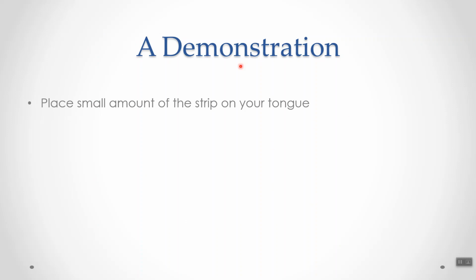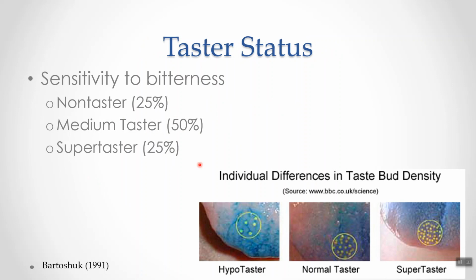Okay, so unfortunately, I was going to do a demonstration. I'll bring the strips to class, and maybe we can do a little mini demonstration for taste. Usually, I have people taste a strip, and I ask you what it tastes like, if it is paper or gross. Those of you who taste something that's gross have a sensitivity to bitterness.